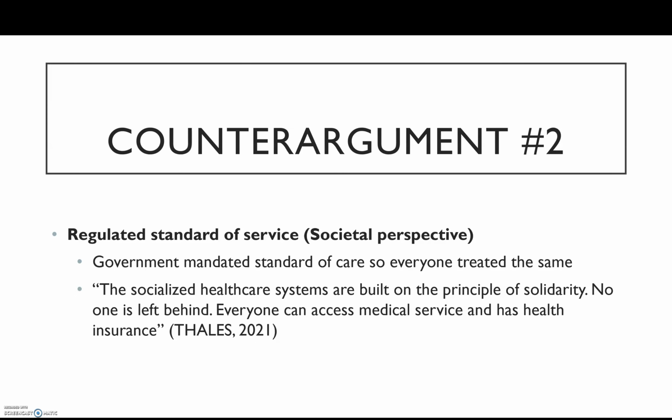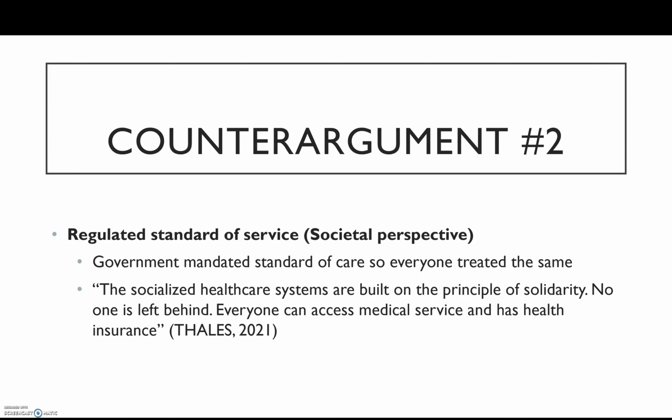The second counter argument is that for universal healthcare, especially with the European view, there's a regulated standard of service. Looking at it from a societal perspective, you're getting a mandated standard of care for everyone, regardless of anything. Thales 2021 stated that socialized healthcare systems are built on the principle of solidarity.